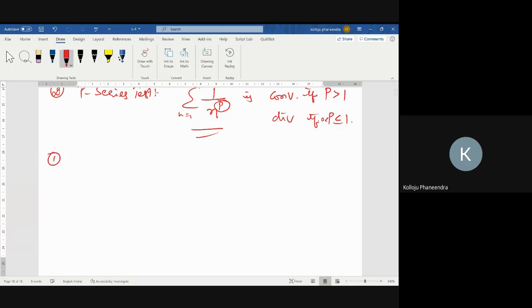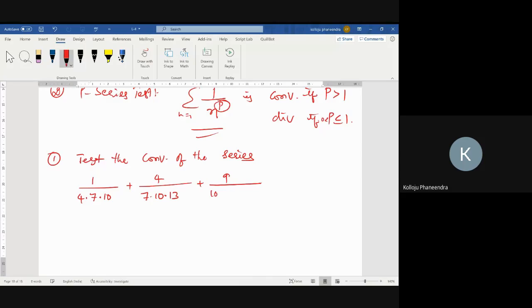Now let me take one problem. Comparison test. Test the convergence of the series: 1 by 4 into 7 into 10, plus 4 by 7 into 10 into 13, plus 9 over 10 into 13 into 16, and so on up to infinity.